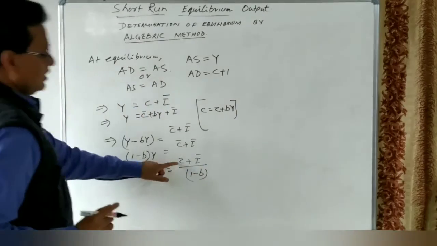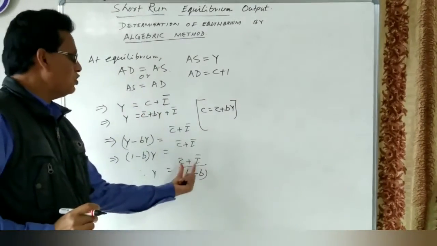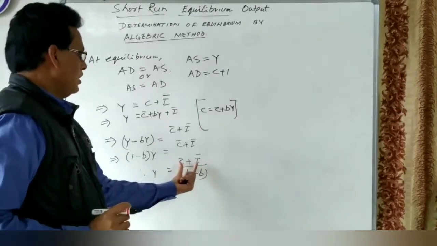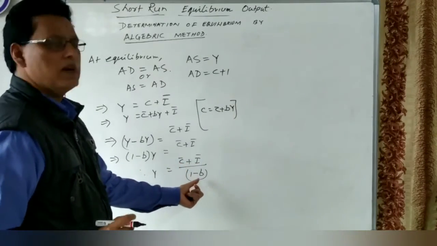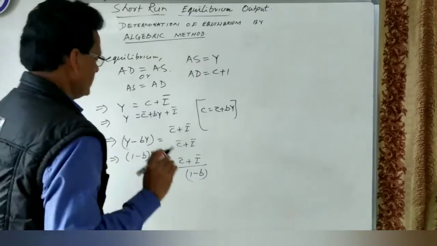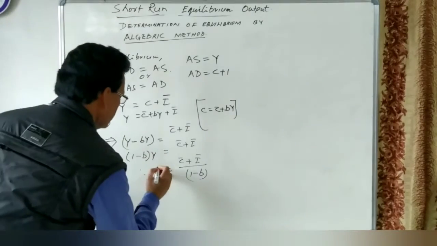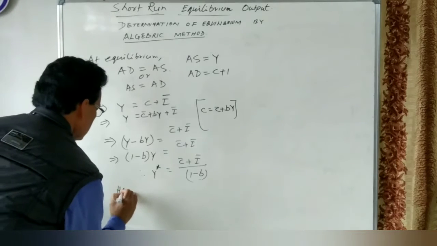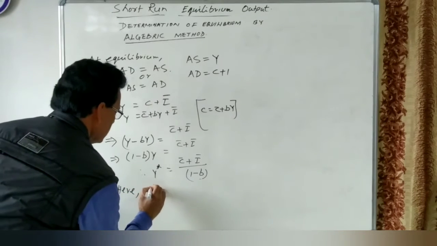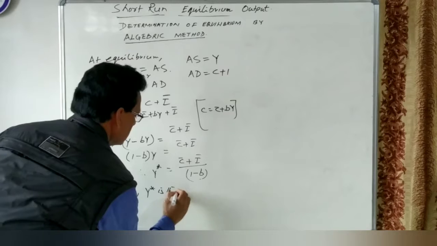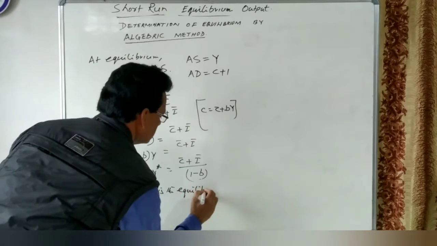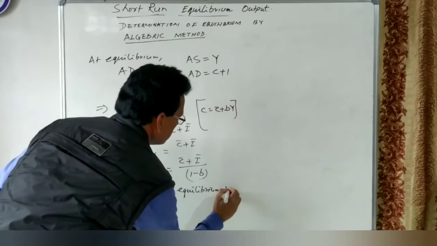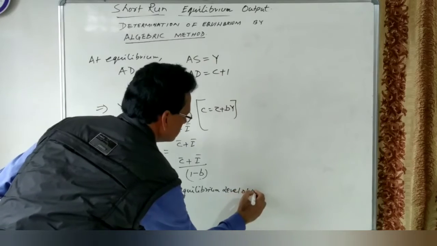Consumption intercept plus investment intercept is the autonomous expenditure. So it is autonomous expenditure divided by 1 minus B, where B means marginal propensity to consume. Y star is the equilibrium level of income.